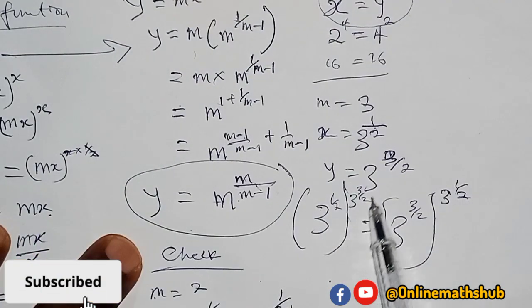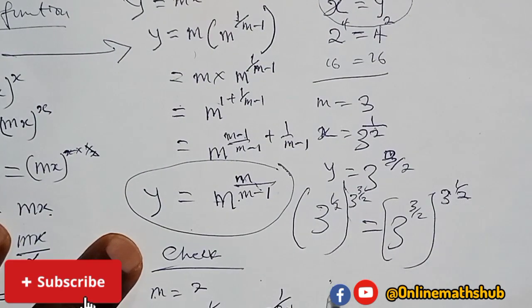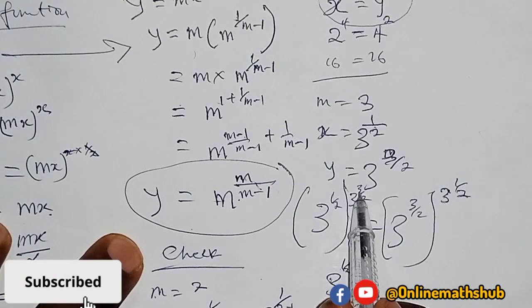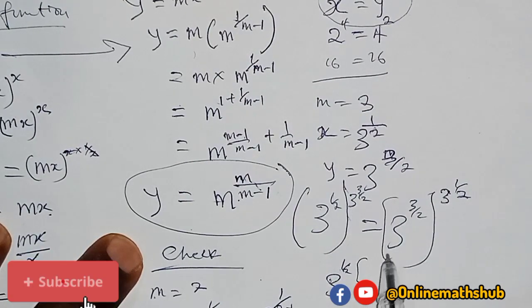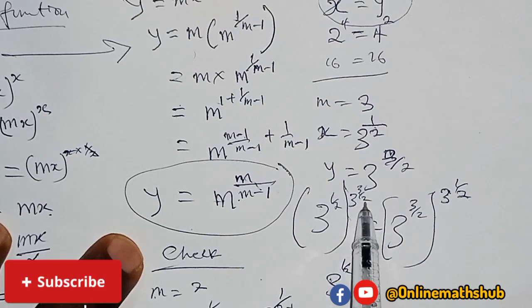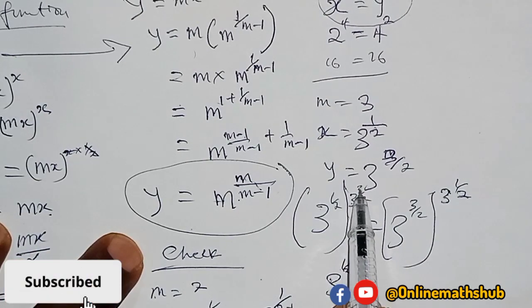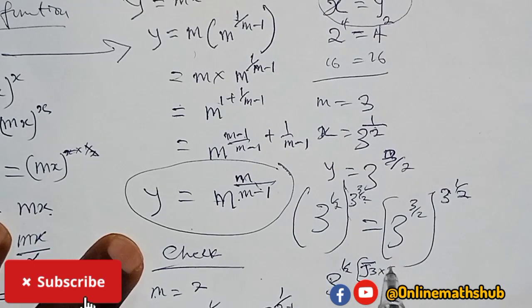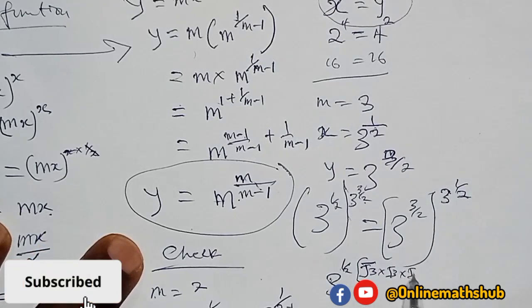Okay, so I'm going to simplify this further right here. This is 3 raised to power 1 over 2, and then this stuff that you see right here, I can actually split into root 3 up to 3 times. So I'm going to write this as root 3 times root 3 times root 3.